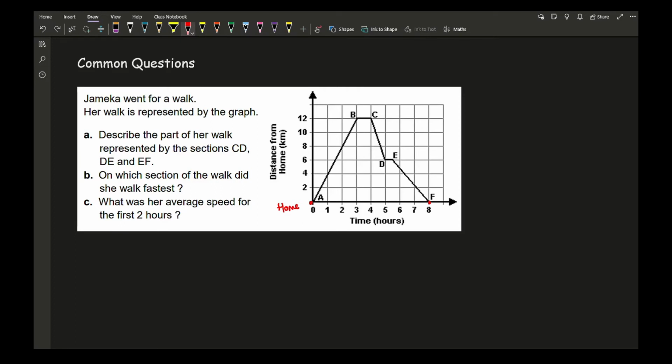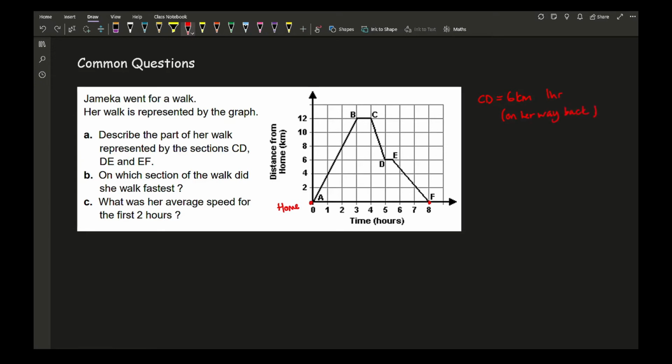So in terms of describing the parts, C to D: looking at the distance and time she's travelled, it's 12 take away 6, so she's travelled 6 kilometres, and she's travelled for 1 hour, on her way back.